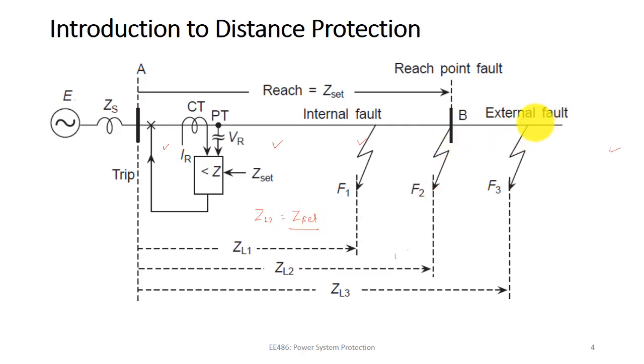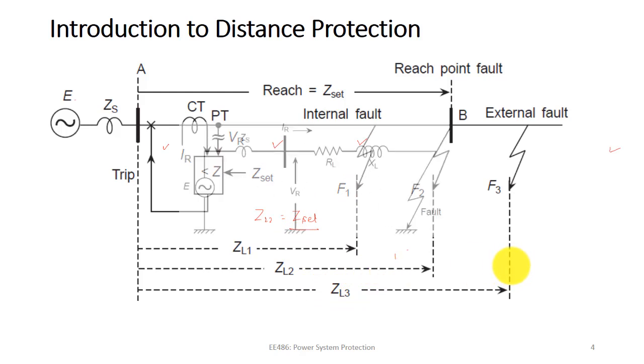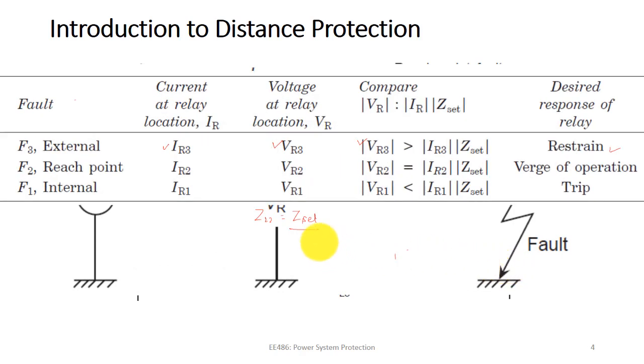So for the external fault, what will happen? It will not trip, because your VR3 will be greater than IR3 Z set. You can see here, right? So therefore the relay will restrain.